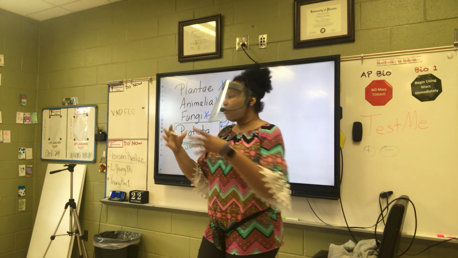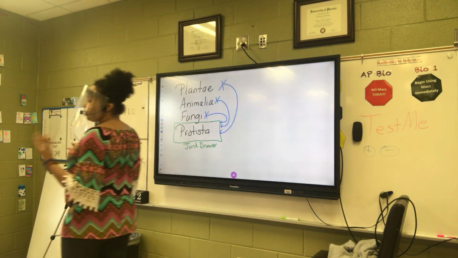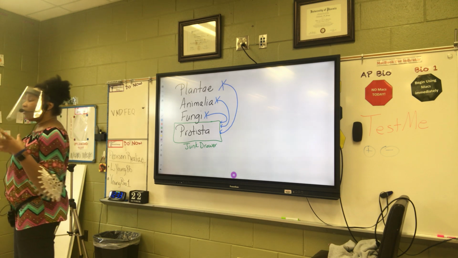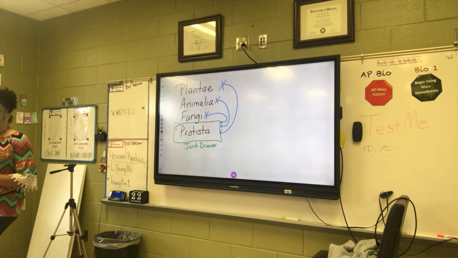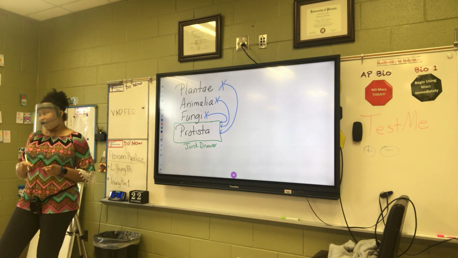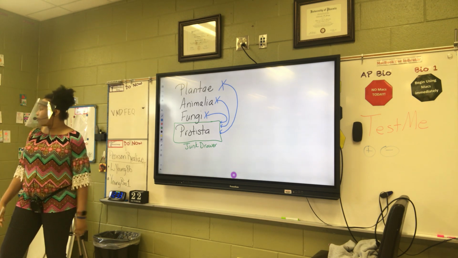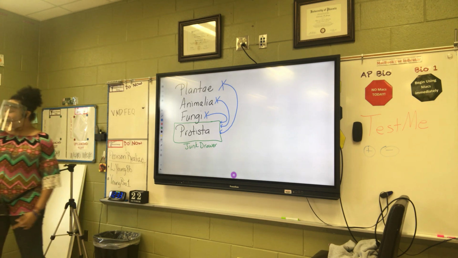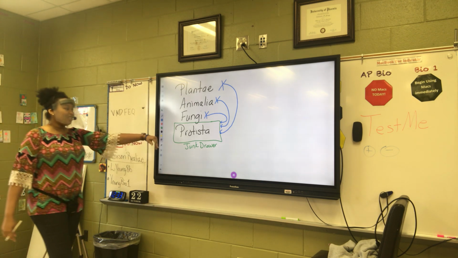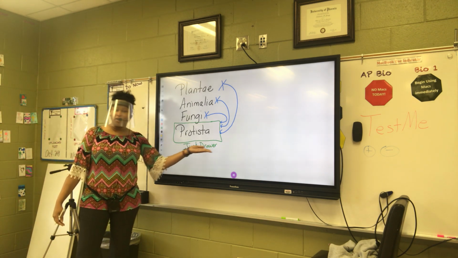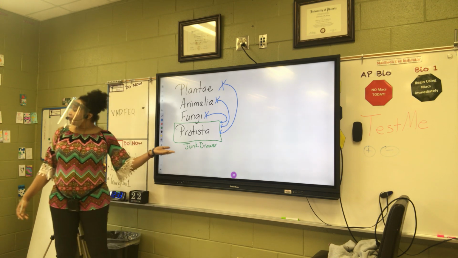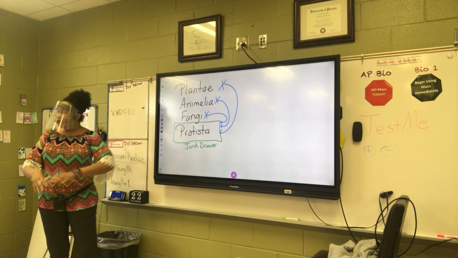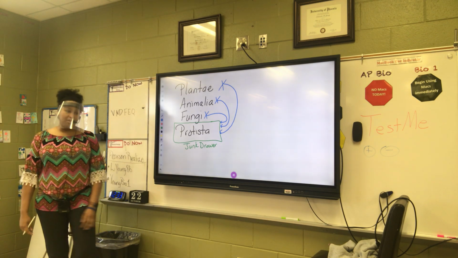So it was the catch-all, the kingdom created to put the things that didn't fit somewhere else. You make a meal out of leftovers, right? I call it the junk drawer because everybody has a drawer in the house where, after everything is organized, the stuff that didn't fit anywhere gets put. So that's what the protist kingdom is, all right?